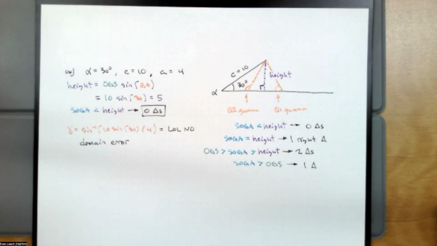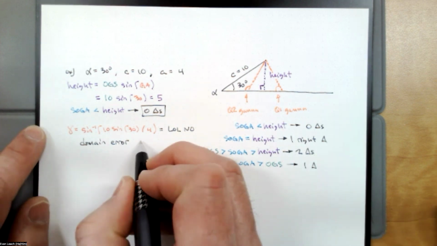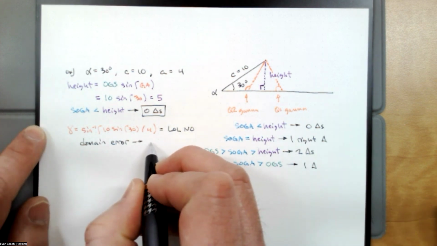You don't have to actually say, ah. It gets really annoying during the test. I used to make everybody say that, but it happened at different times. So since we got a domain error when we entered in the calculation correctly, we can conclude that there are 0 triangles.